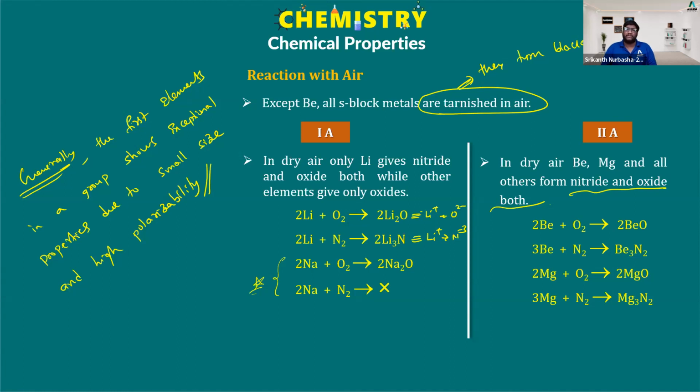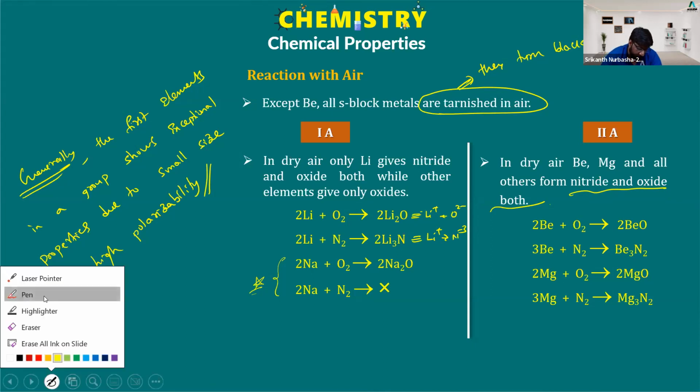Because of that, its reactivity will be high. Ionization energy will be lowest for cesium because from top to bottom size increases. Because of the increase in size, ionization energy decreases. Because cesium has the lowest ionization energy, it is going to be highly reactive.